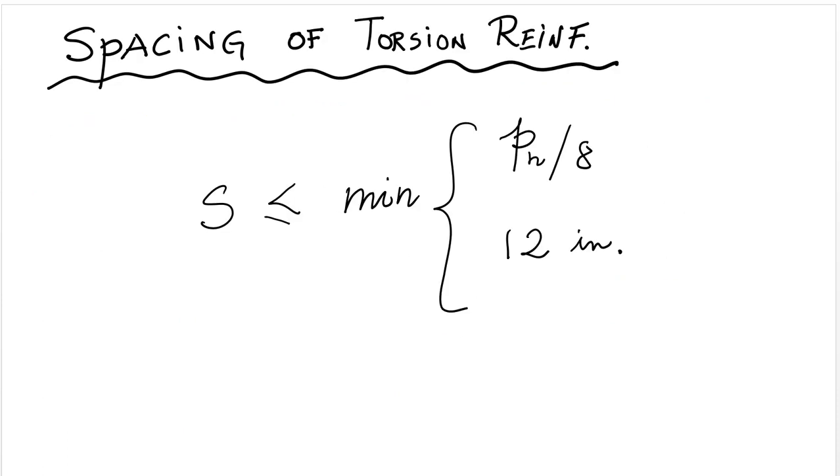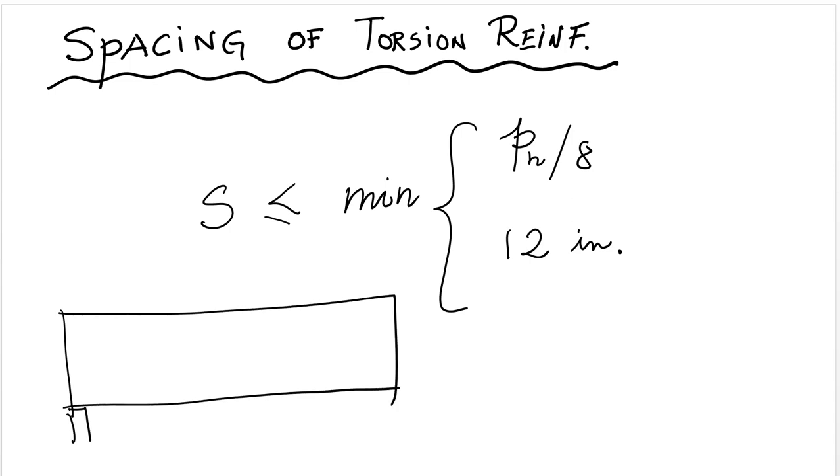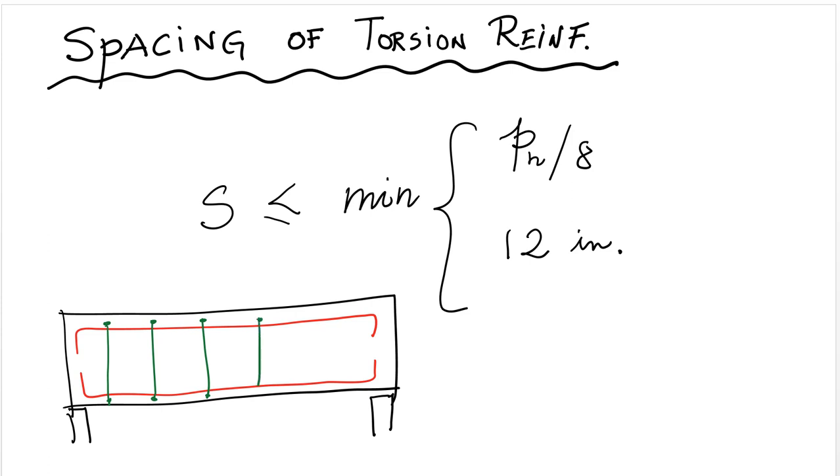Moreover, the spacing of the transverse reinforcement in a beam reinforced for torsion. So now if I draw the beam sideways, let's say this is the beam sideways, these are supports, this is my longitudinal reinforcement. Again, I'm drawing it sideways now, and I'm drawing the transverse reinforcement right here.